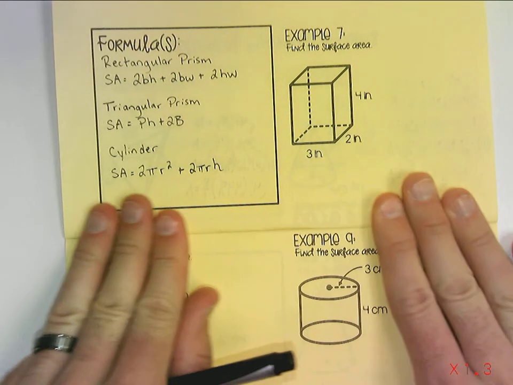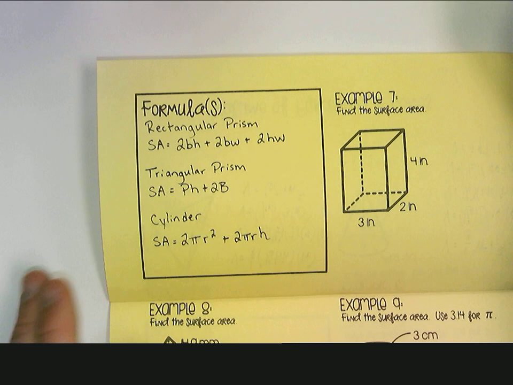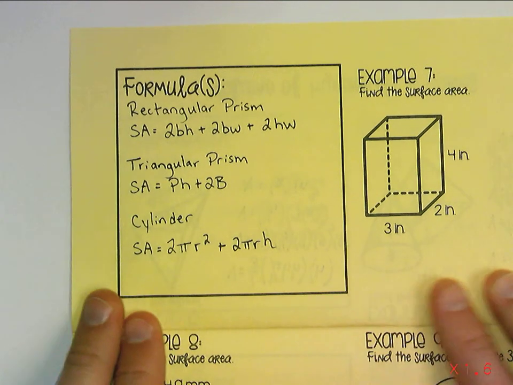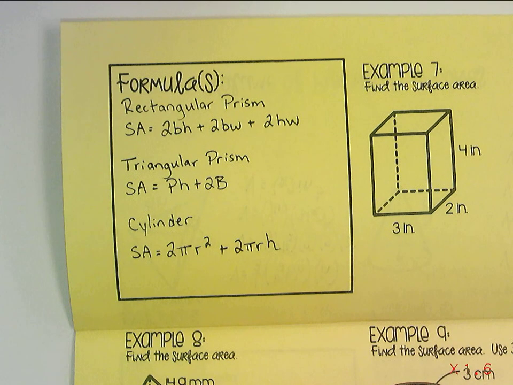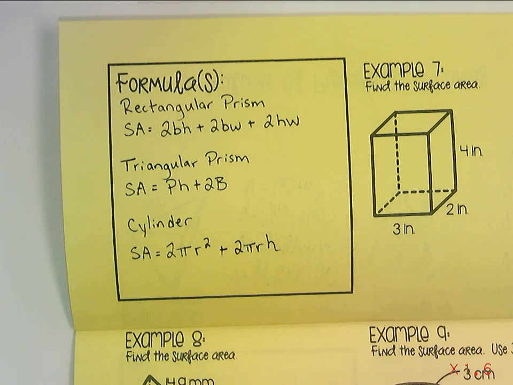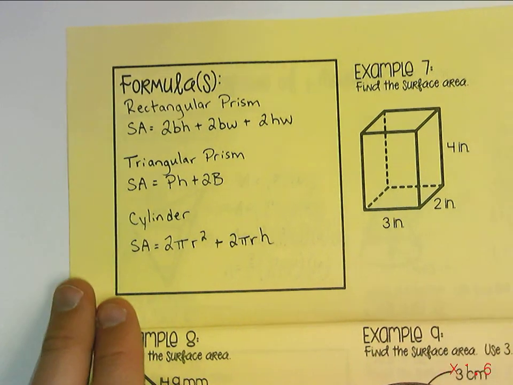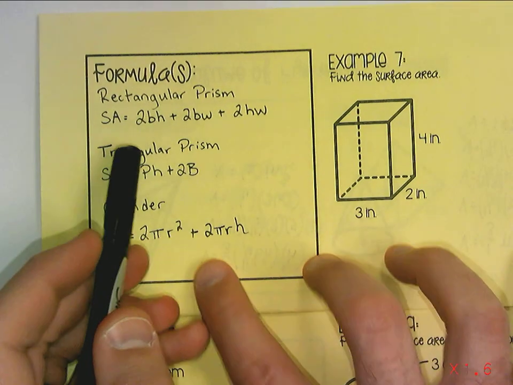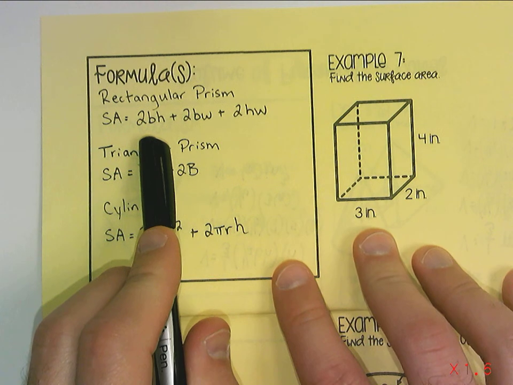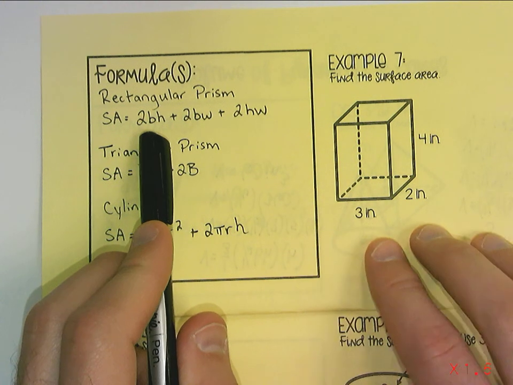Alright, so first and foremost, we have formulas here that we're going to have to use in order to do this. So for a rectangular prism for surface area, you have 2 times the base times the height.